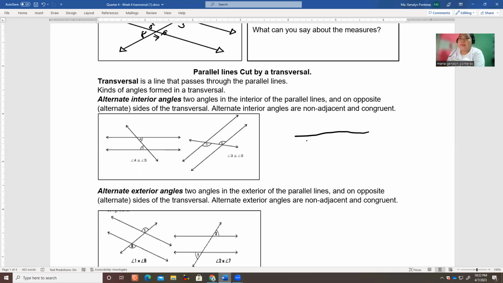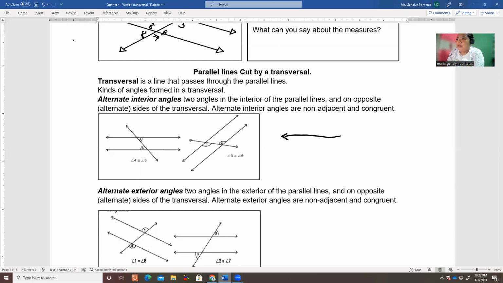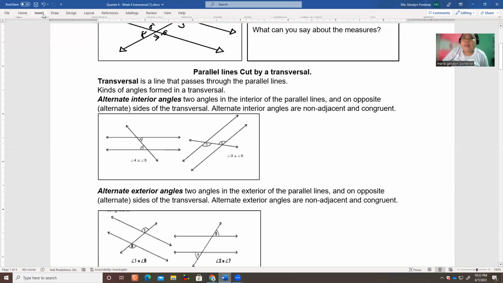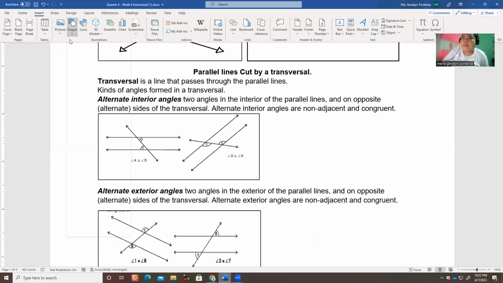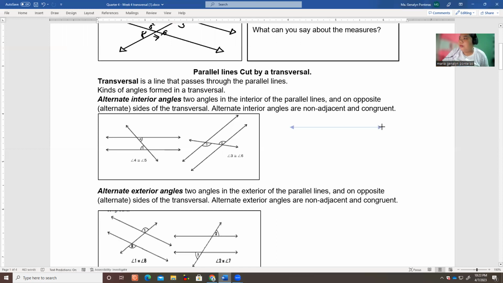So let's say this is your parallel line. It doesn't look like parallel. Let's say you have this. Let me insert some sheets. So you see you have a line here.